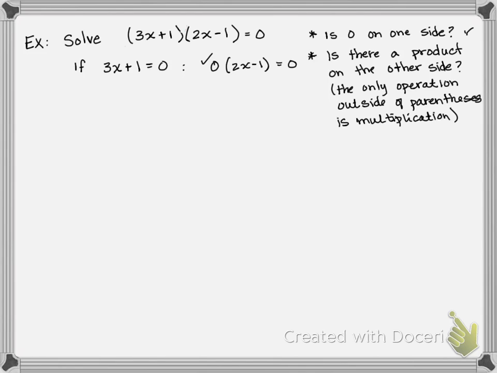Multiplying by 0 gives me a product of 0. And if 2x minus 1 were equal to 0, would that make this equation true? Yes, it would. That would give me 3x plus 1 times 0 equals 0, which is also true.